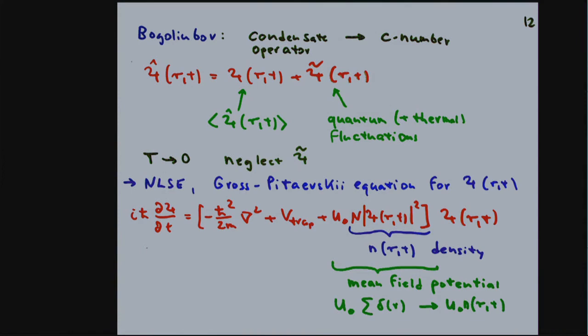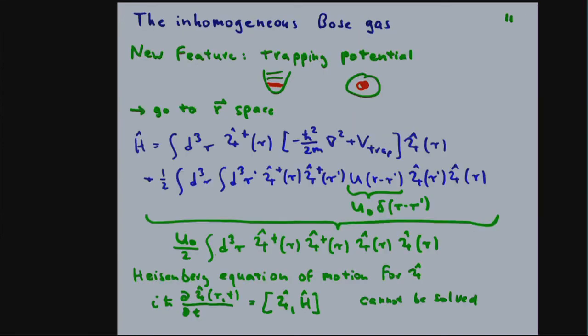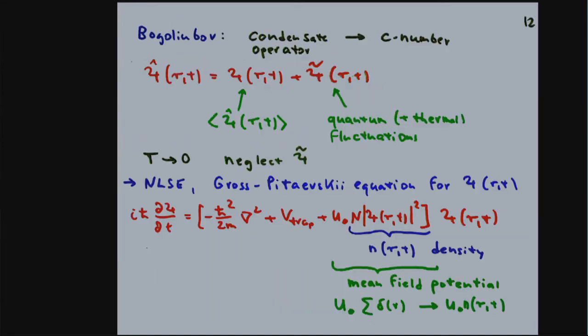And this is even more dramatic: it wouldn't make sense in momentum space, but it does make sense in position space. We can even do a first approximation where we completely neglect those fluctuations. And then, when we simply insert a C number into this Hamiltonian, we have an equation for this function psi, and this is the nonlinear Schrödinger equation, also called the Gross-Pitaevskii equation, which is now the analogy to Schrödinger's equation, but for the macroscopic wave function, which is occupied by many, many particles.